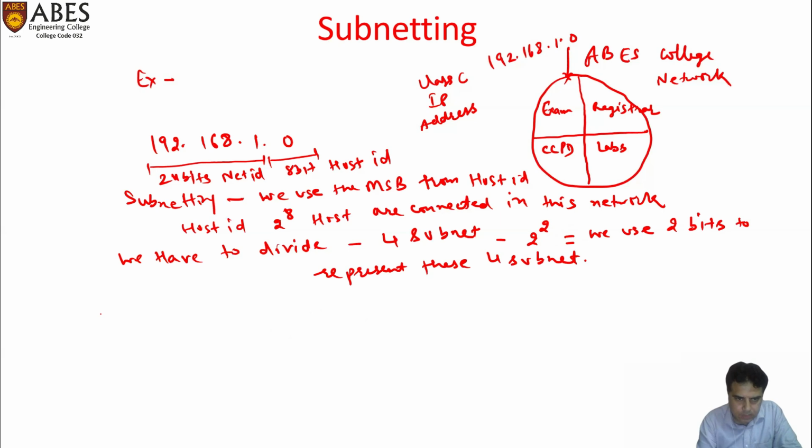Now the subnets we represent as S1, S2, S3, S4. It will start from 192.168.1. There are 8 bits: 1, 2, 3, 4, 5, 6, 7, 8. Of these, the first 2 bits are used for subnetting.